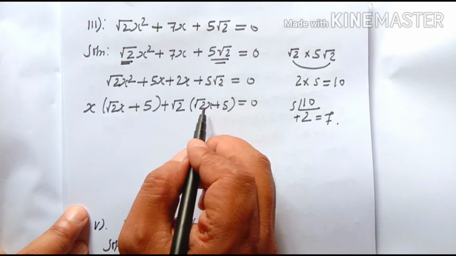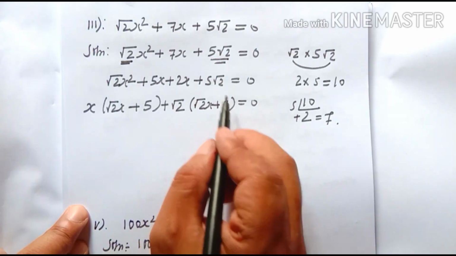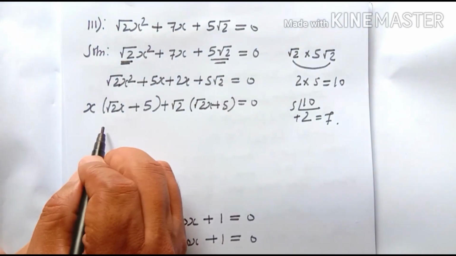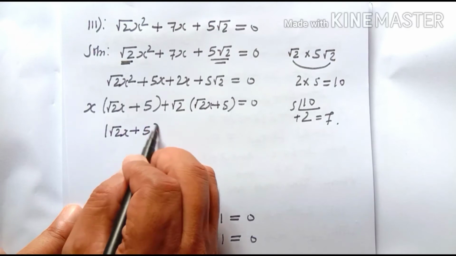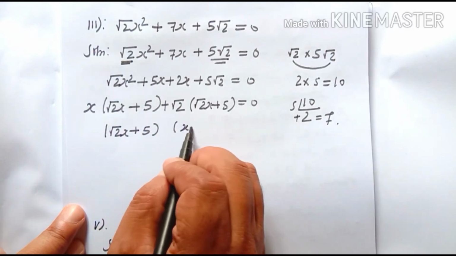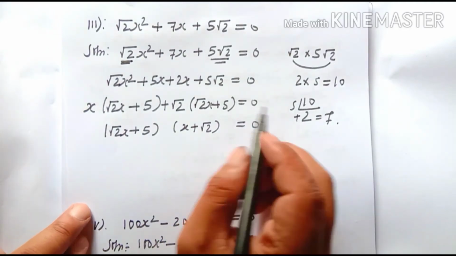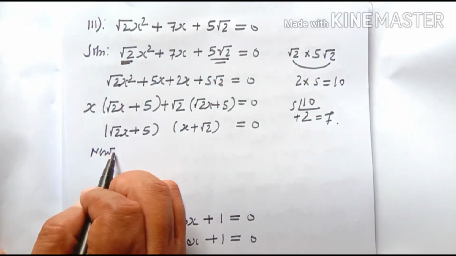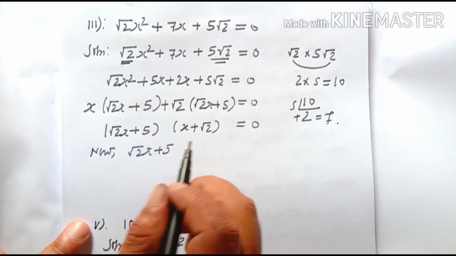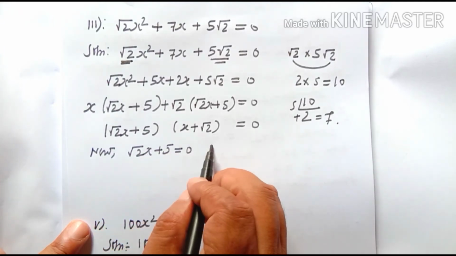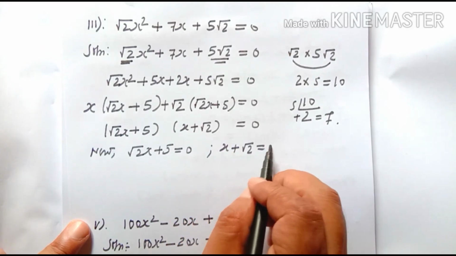Now you can verify: root 2 into root 2 is 2, root 2 into 5 is 5 root 2. After that the factors are root 2 x plus 5 and the other one x plus root 2 equals 0. Now to get the roots, equate root 2 x plus 5 with 0 or x plus root 2 with 0.